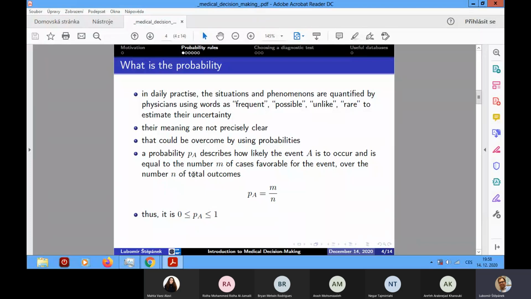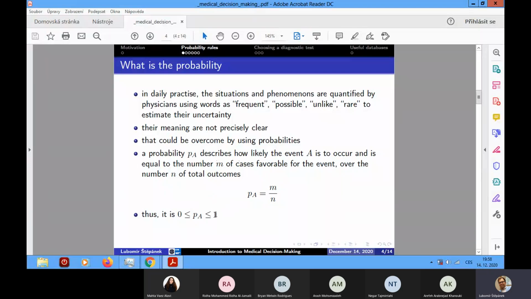The second insight is that it couldn't be larger than 1, because n stands for total outcomes. It's more than clear that the number m of cases favorable for the event A couldn't be larger than the number n. So at maximum the probability could be equal to 1.